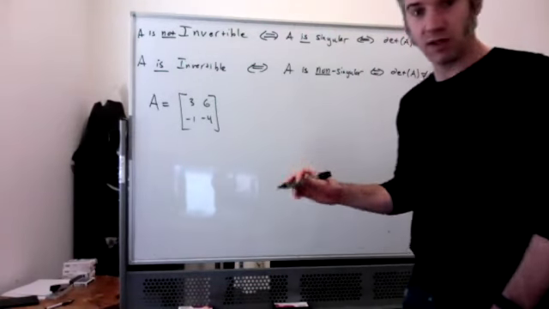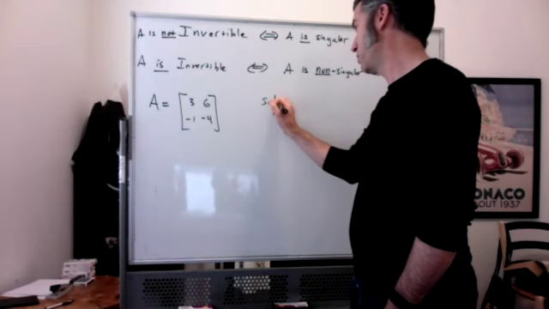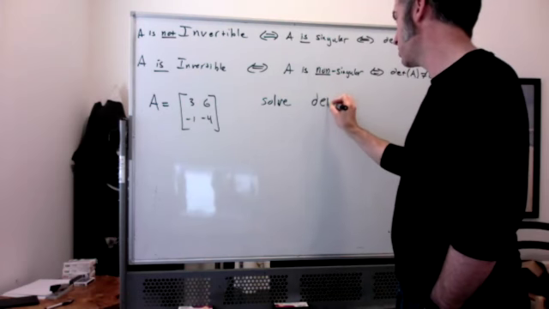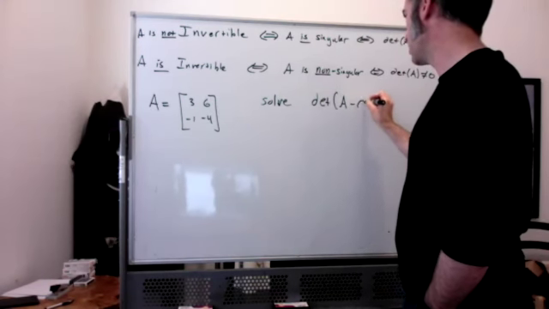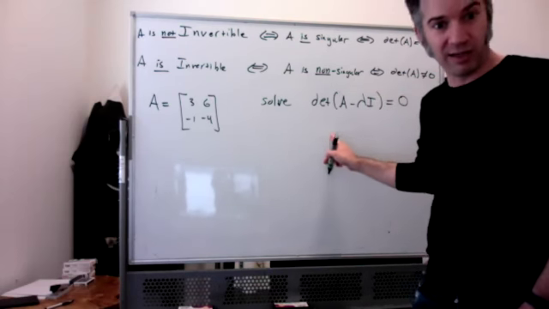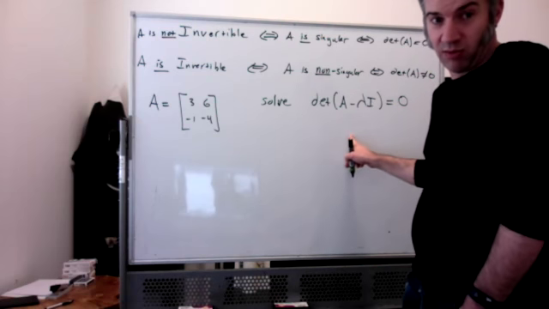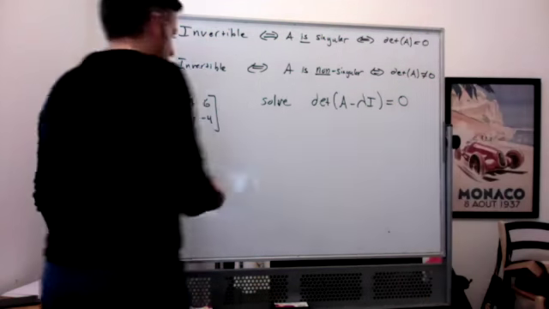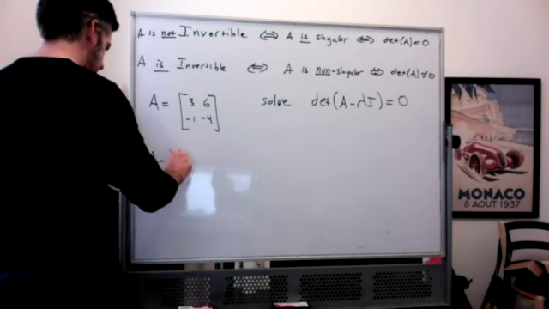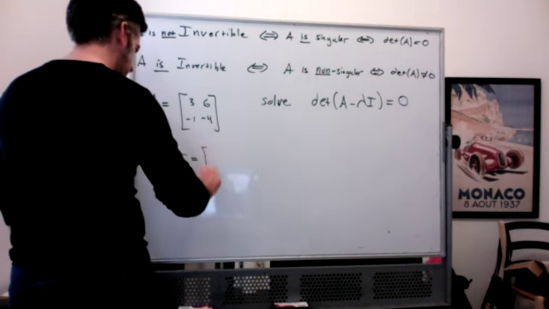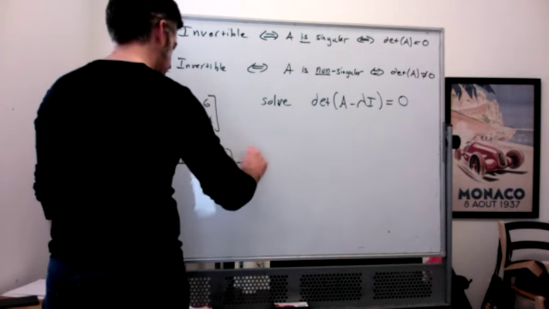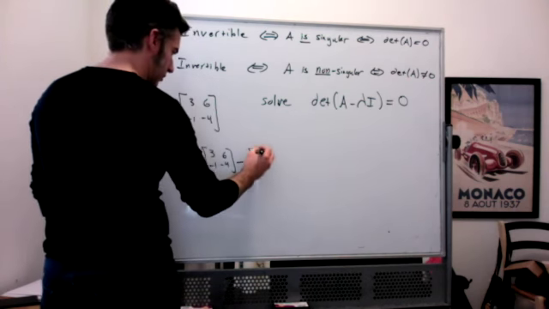We're going to solve this equation, which is called the characteristic equation, by the way: the determinant of A minus lambda I equal to 0. I'm happy to get into why this is what we're doing if you want, but that's what we're doing. A minus lambda I is just our matrix minus lambda times the identity matrix.